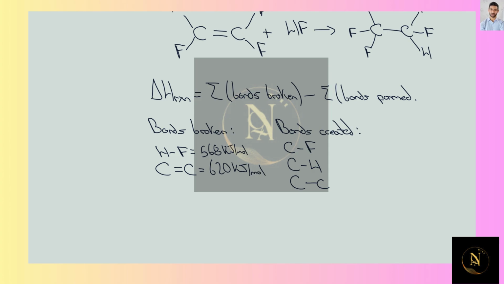And in the case of the bonds that are being created, carbon fluor corresponds to 450 kilojoules per mole. Carbon hydrogen corresponds to 414. And finally, carbon carbon corresponds to 347 kilojoules per mole.